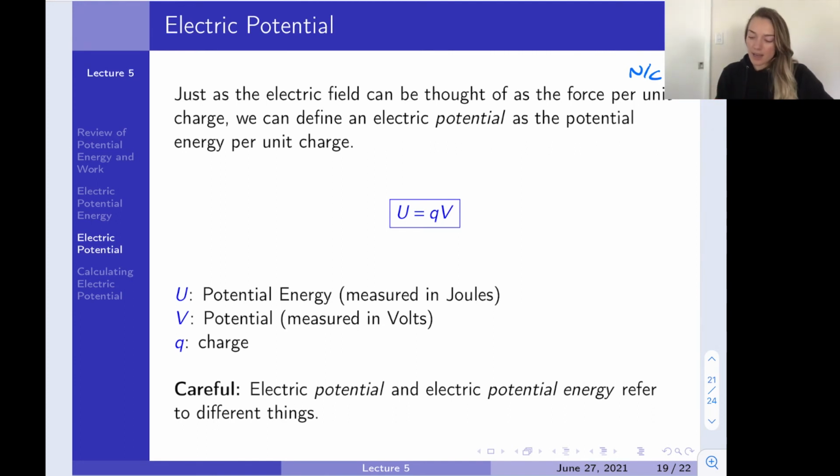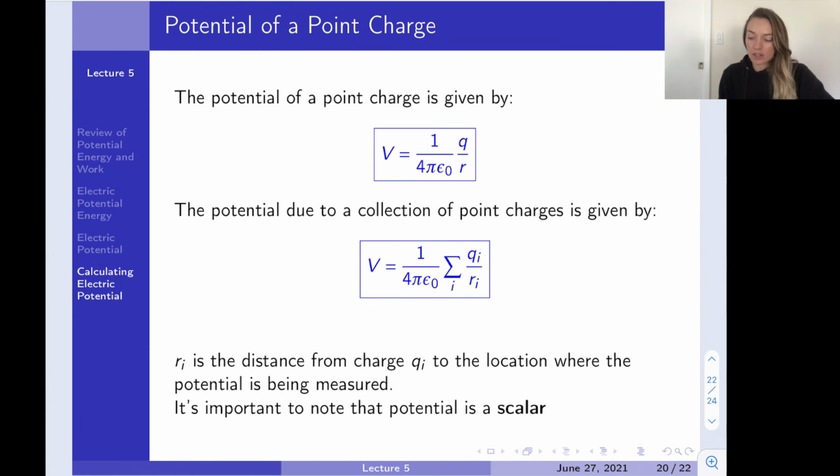So we can divide our potential energy function, divide out one of the charges, and we'll be left with the potential of a point charge. We're going to talk more about potential tomorrow, but for now you can take as a given that a point charge will have a potential given by this formula. We have 1 over 4 pi epsilon naught, the value of the charge, and then the distance from that charge.